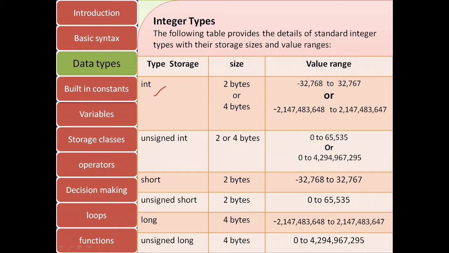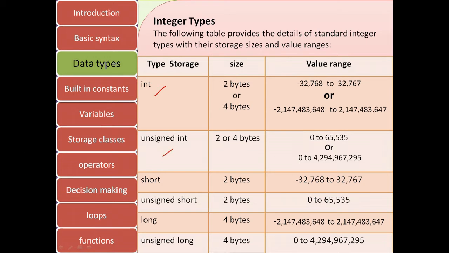As signed int can store both positive and negative values, half for positive and half for negative will give us the range as minus 2,147,483,648 to 2,147,483,647.